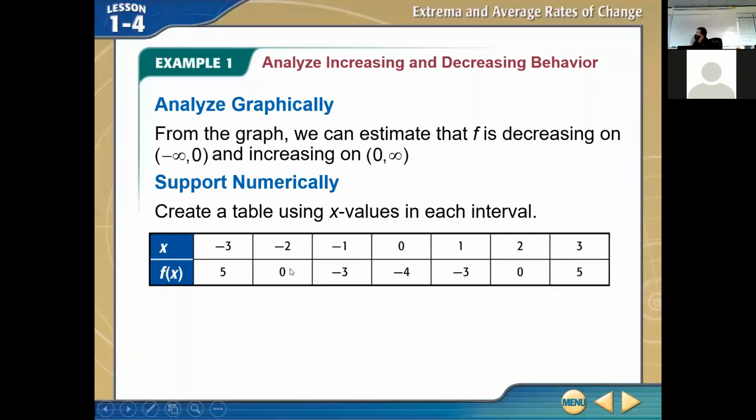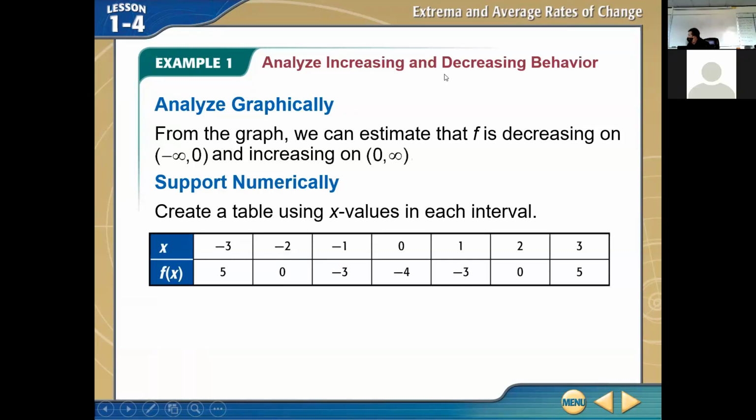Okay, so they're just plugging them in to build the table. All it is, is plugging in x values to get an f of x value. They plug in -3. -3 squared is 9, minus 4 is 5. -2 squared is 4, minus 4 is 0.